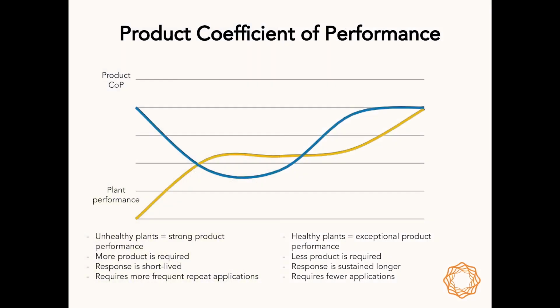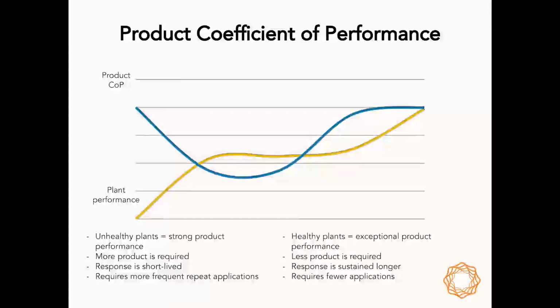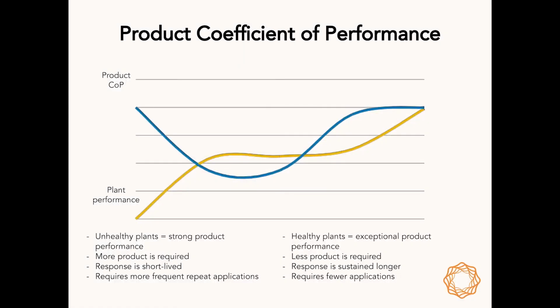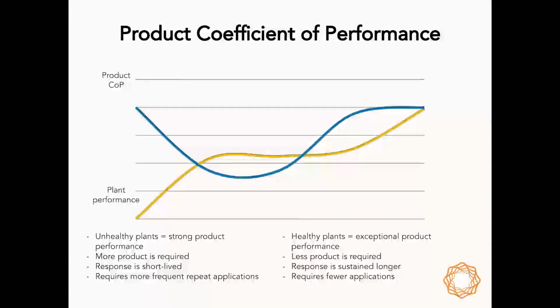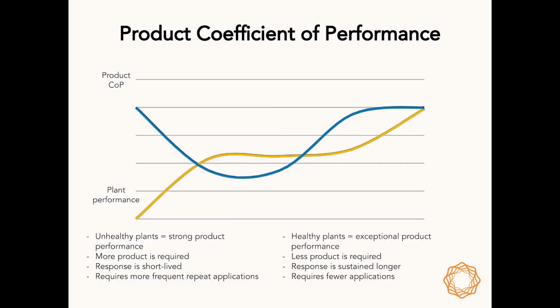So this is a diagram that I put together to describe the effectiveness of foliar applications in healthy versus unhealthy systems. There aren't really any numbers on this graph, and I want to just describe this as a concept. So this lighter green, this pale line, is the line that is describing plant performance.